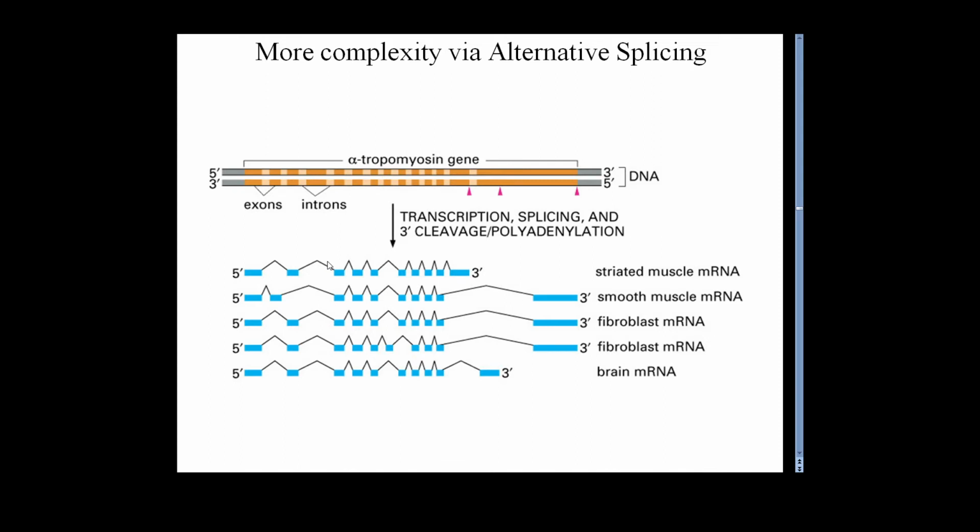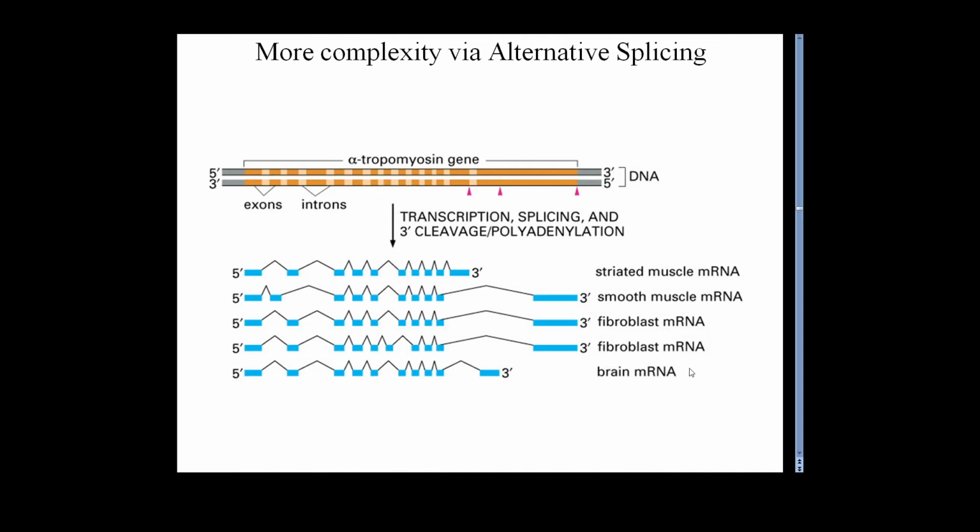And splicing is the reason for the multiplicity of protein variants from one gene, because in different tissues, in different cells, different variants of splicing can be realized. For example, you can see the tropomyosin gene in striated muscles, smooth muscles, in fibroblasts, and in brain.